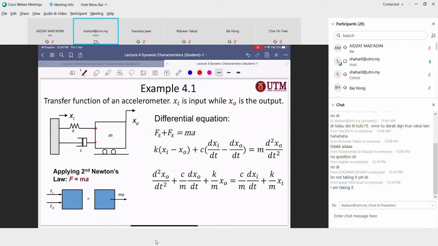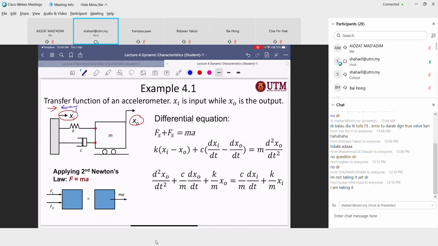For example, we have a mechanical system here, where xi is the input and x naught is the output. When you give the force from the left to the right, the spring gives you the force back.